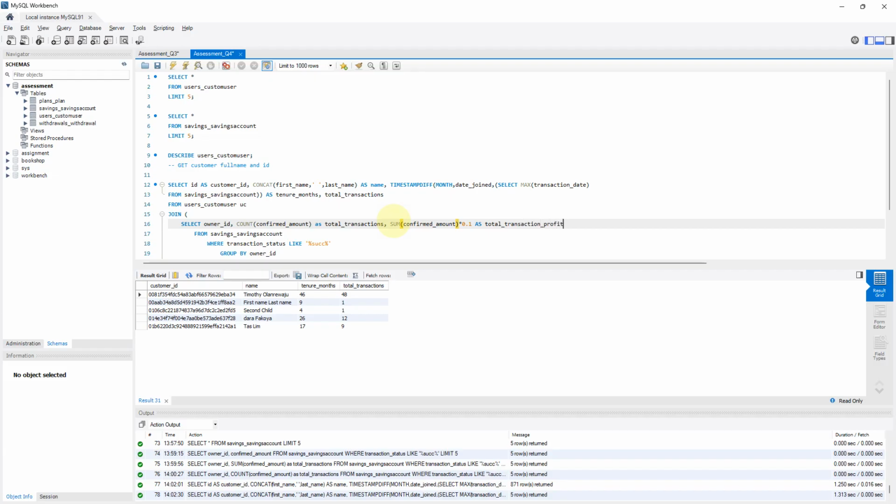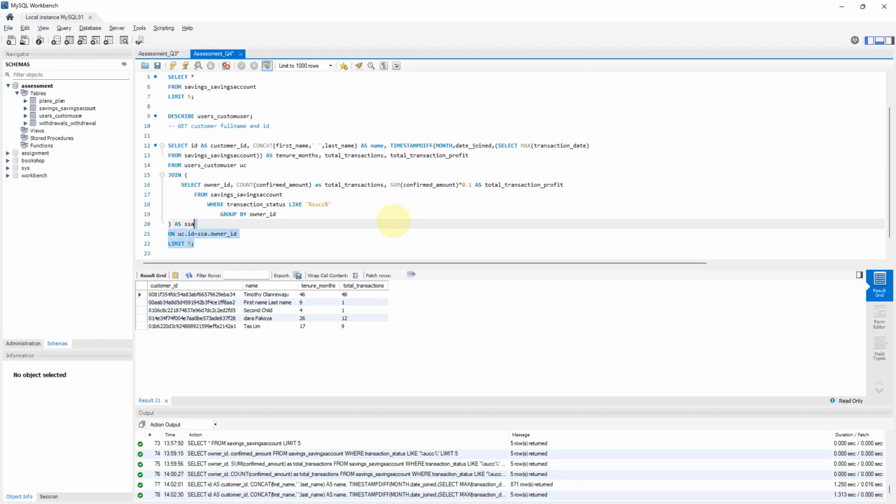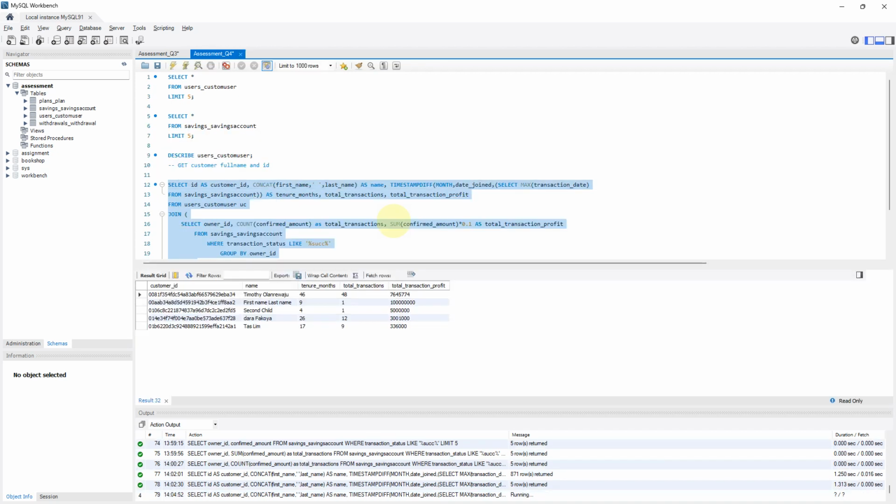For now, it's not supposed to be in the final table, but I will just do it so we can see. Mind you, this is actually in Kobo.